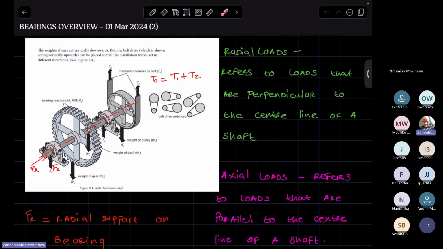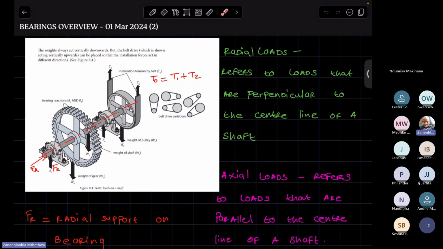The line of action is essentially the center of rotation of the shaft, the center line of the shaft.